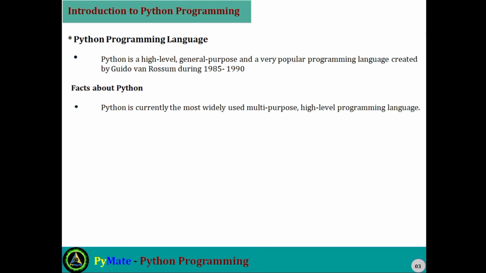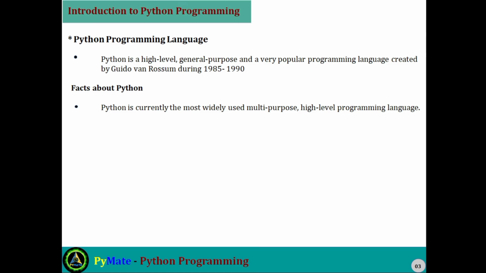And some facts about Python: it is currently the most widely used multipurpose, high level programming language because every library is available in Python. It is not restricted to a single application; Python is available for multiple applications. Like if you want game development, Pygame is there.